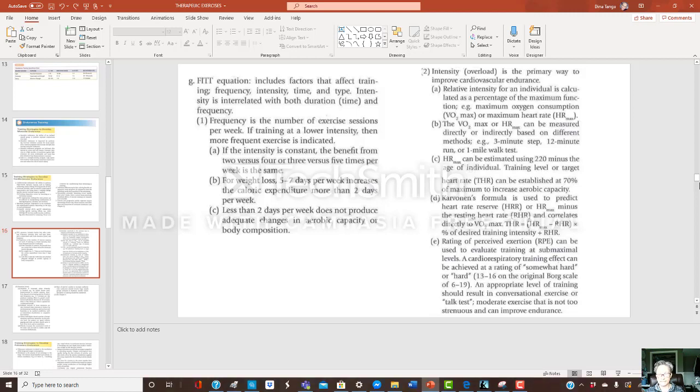Target heart rate equals heart rate max minus resting heart rate, times percentage of desired training intensity, plus resting heart rate.